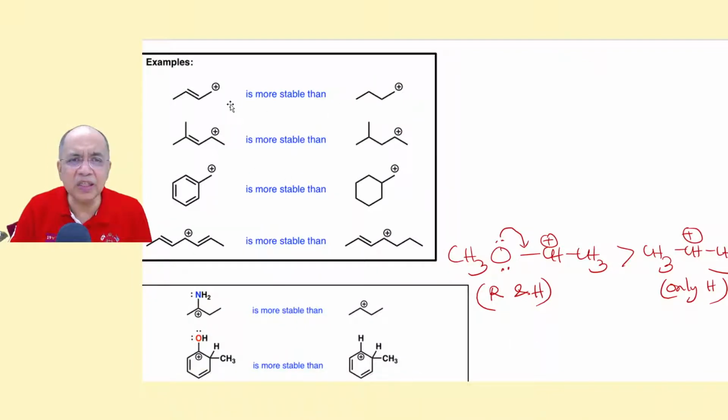Let us now see why this carbocation is more stable than this, because it is allyl. It is resonance. This is simply hyperconjugation of 2 alpha hydrogen atoms. And this is again allyl. This is non-allyl. This is benzyl. This is non-benzyl. This is double allyl. This is single allyl.